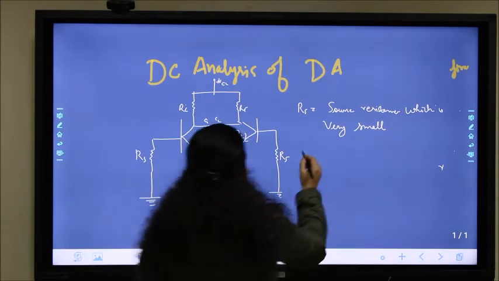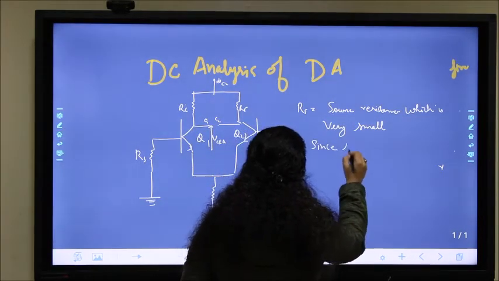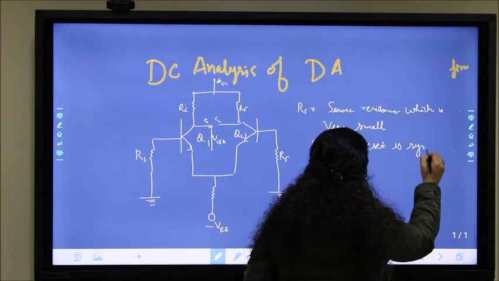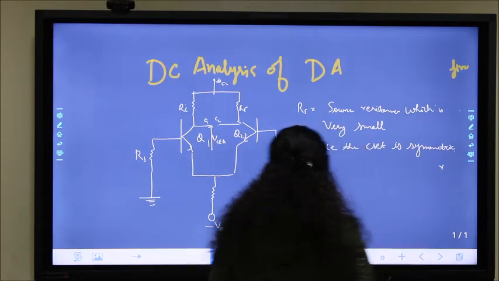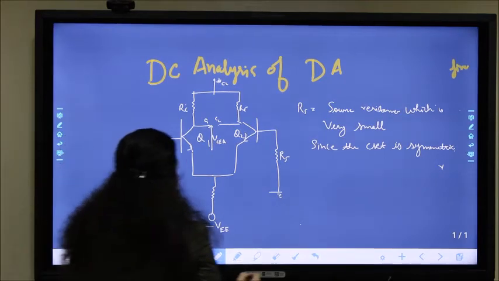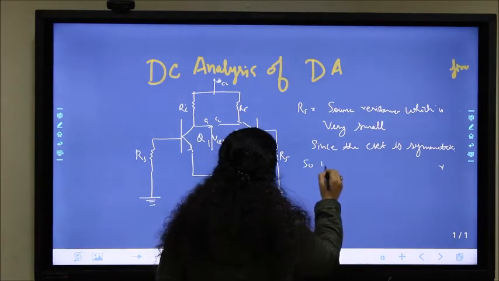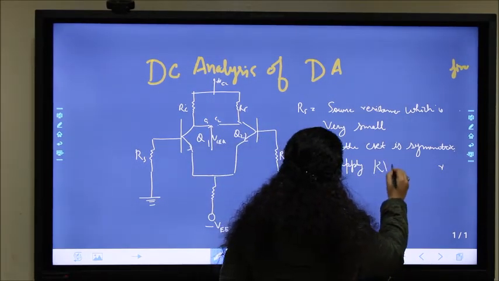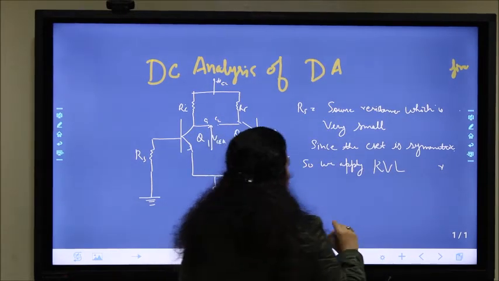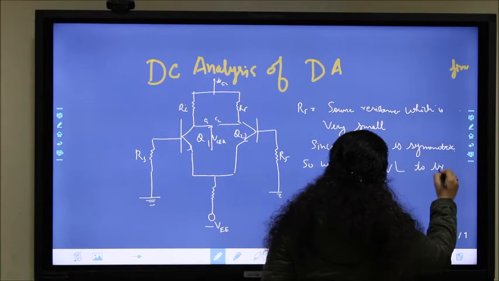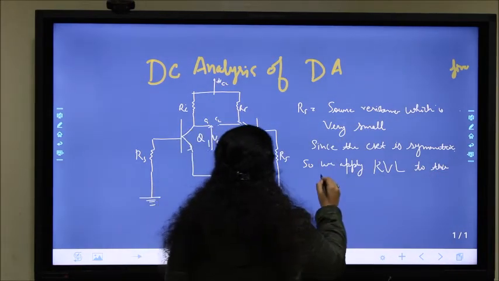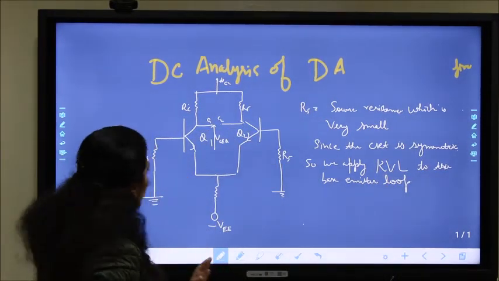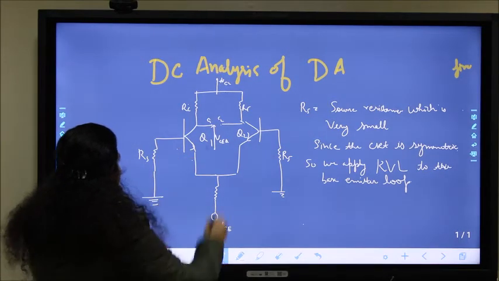Since the circuit is symmetric, we apply Kirchhoff's voltage law, KVL, to the base emitter loop.